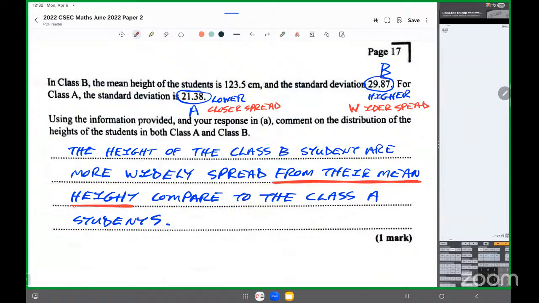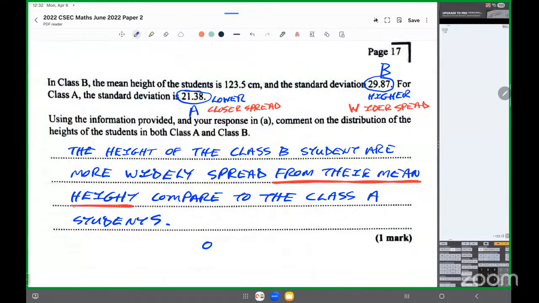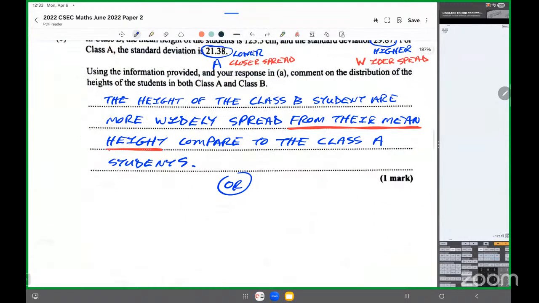That's it. If you're writing it from the reference of the A, or I could write it from the reference of the E class, using the E class as my reference, I could say something like this instead.